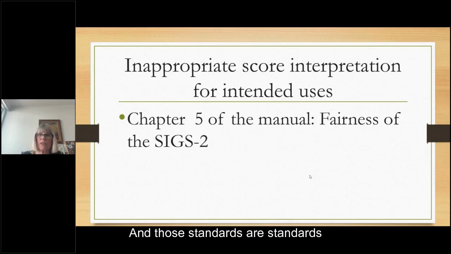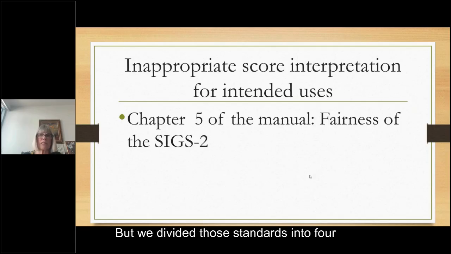And those standards are standards for educational and psychological testing. And part of those standards is a whole chapter on fairness. What we did in our manual, we have a whole chapter on this, and I'm not going to go into great detail on this again, but you can read about it if you're interested.